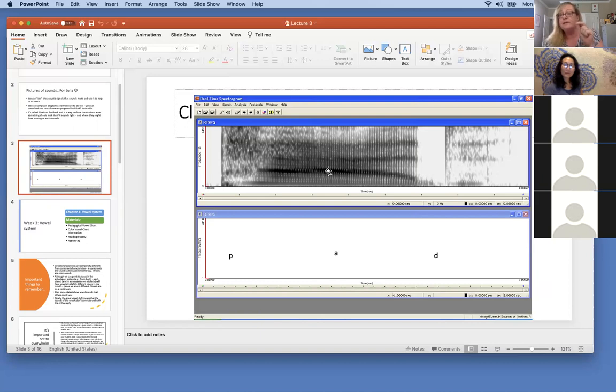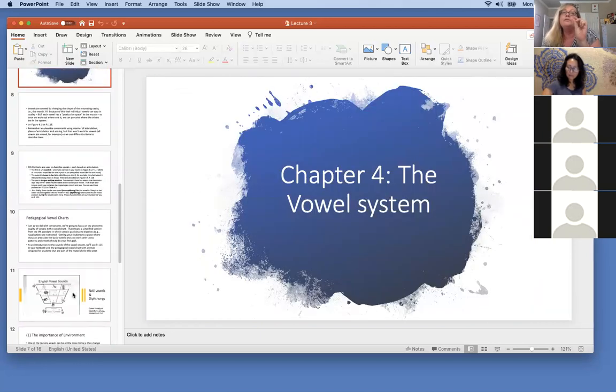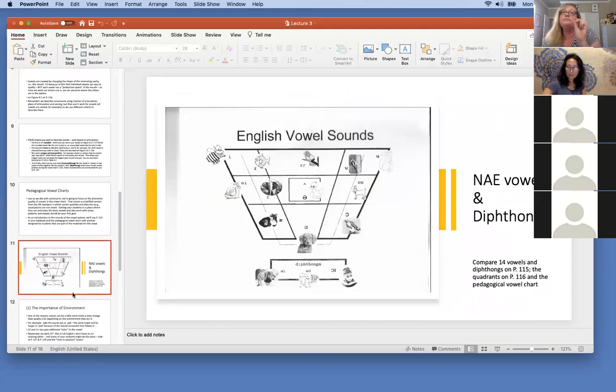This is something that you can do yourself if you can download that. So they're in the same place in the mouth, but they have a slightly different quality. One is stressed and one isn't.